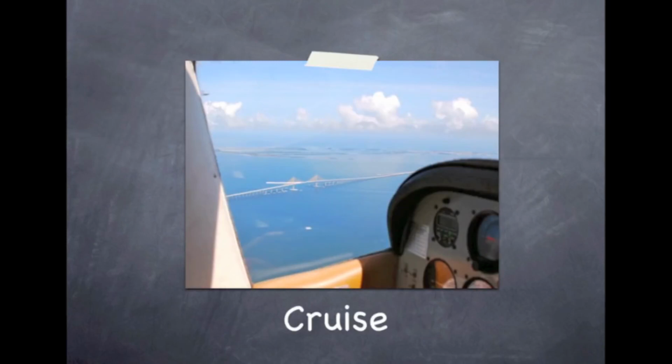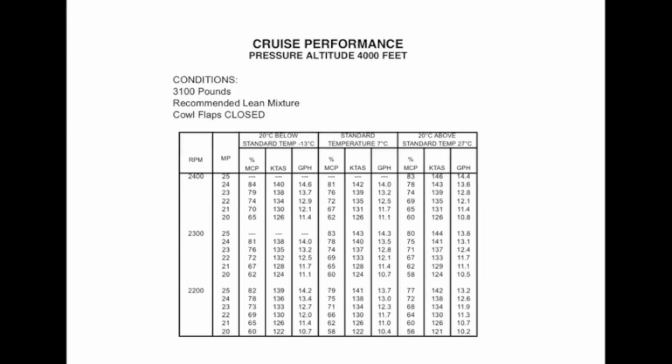Let's take a look at cruise and how we set our power for cruise. First thing we have to do is a little bit of planning before we take off, and we look at what pressure altitude we want to fly at for the winds, and also for the temperature for that day, and also for weather. We've chosen a pressure altitude of 4,000 feet.